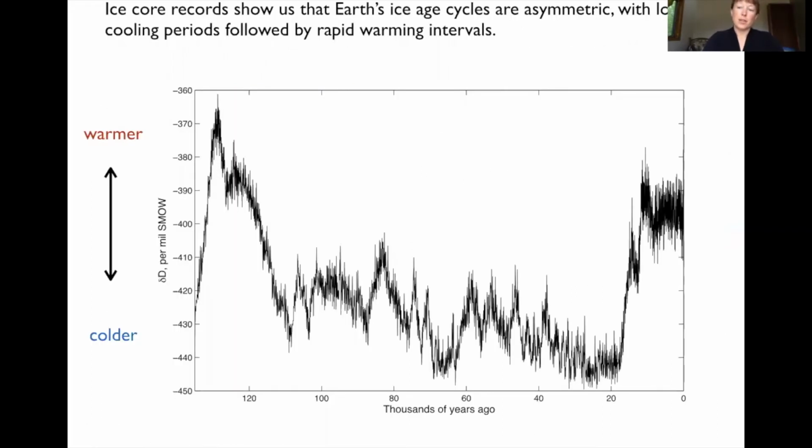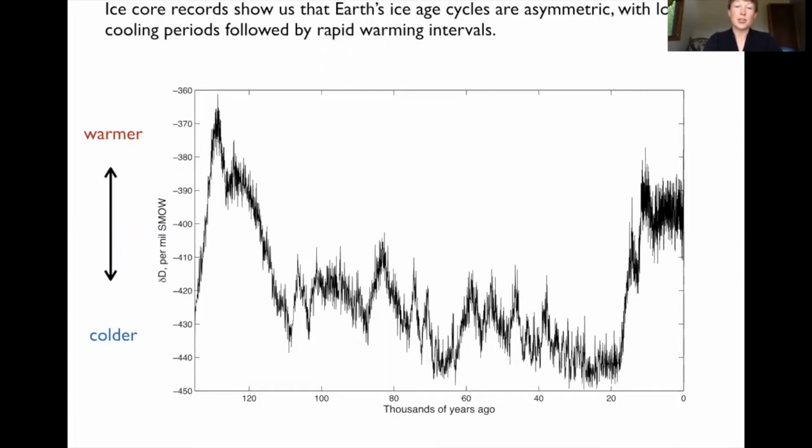All right, so as I think you've already seen, maybe some ice core data looking at ice age cycles. Here is a graph from Antarctica showing the last 130,000 years, where we're looking at the present on the far right and the full last glacial cycle from the last interglacial period, when this black curve was at its maximum peak with a value of about negative 365 or so.